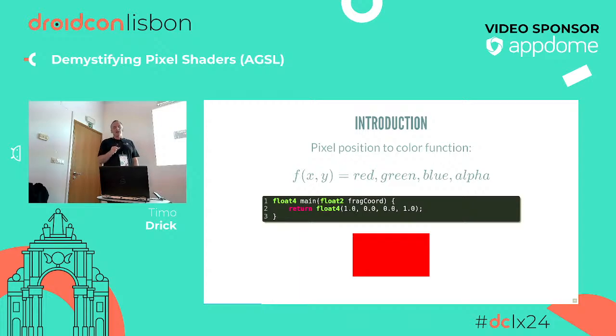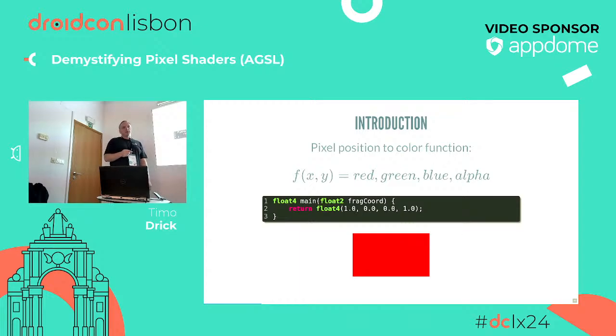This function gets as an input the coordinates of a pixel on the screen, and it has to return the color. And that's all. So it's very simple. You just get x, y coordinates of the pixel on the screen, and you return the color. And the graphics card will then run this function in parallel for every pixel on the screen. It depends, of course, on how large your screen is.